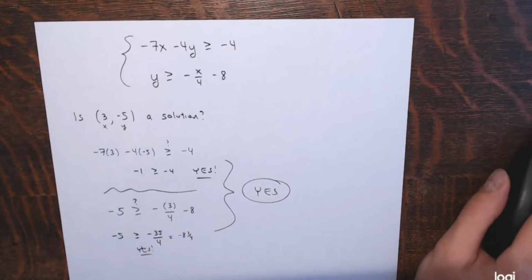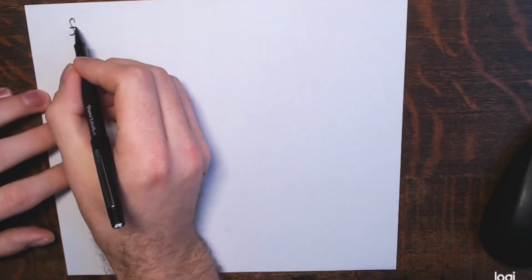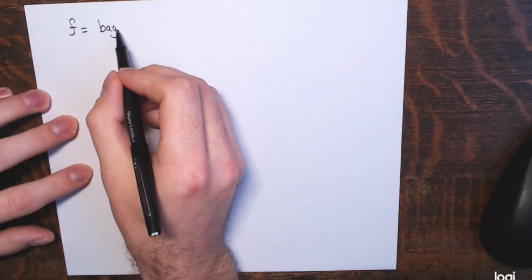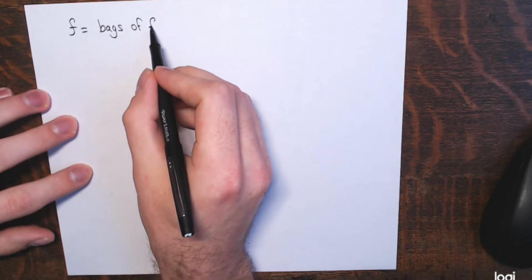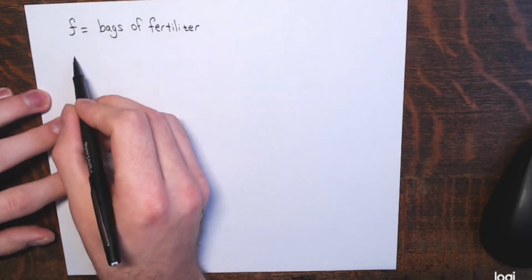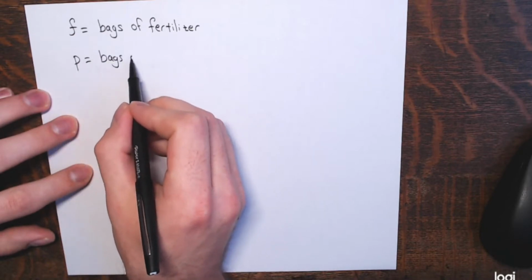So again, they gave us letters, so I'll write them again here. F represents the number of bags of fertilizer. And P, they're telling us, represents the number of bags of peat moss.